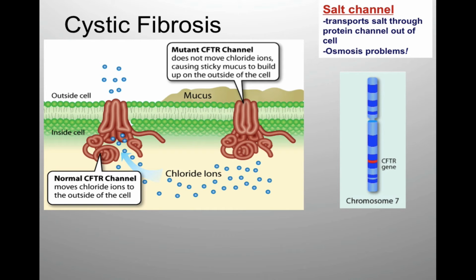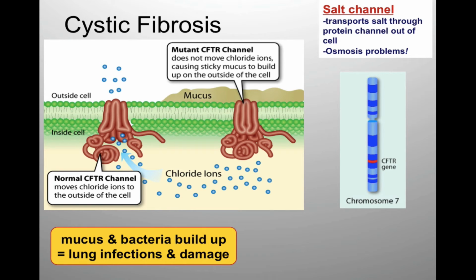Another disorder caused by a change in a gene is cystic fibrosis. Cystic fibrosis is a genetic disorder that affects the respiratory and digestive systems. People with cystic fibrosis inherit a defective gene on chromosome 7.